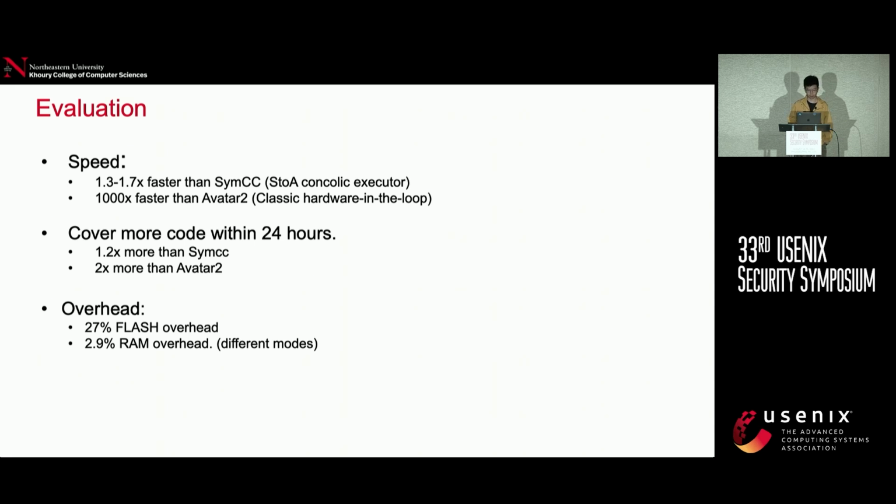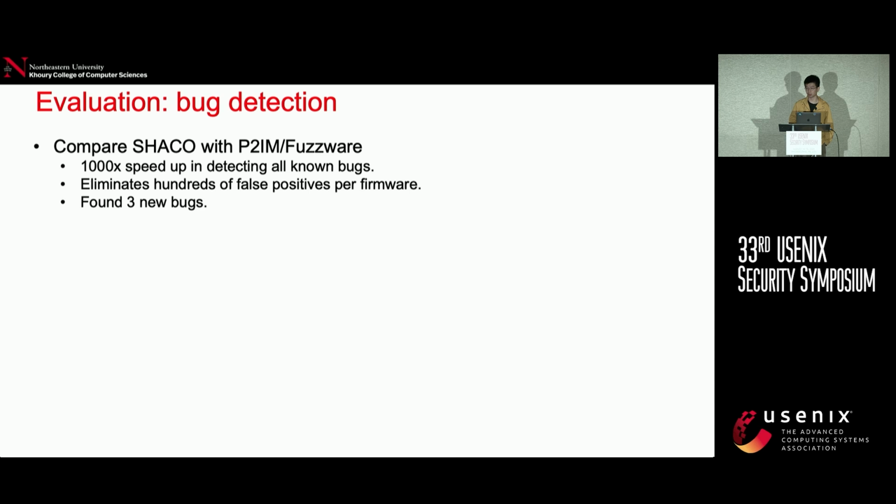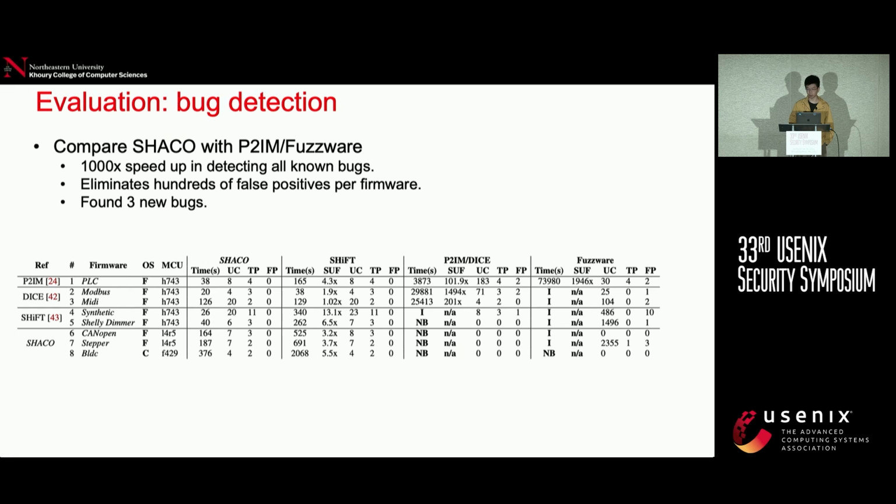Also, we compare with the bug detectors, a pretty popular theme of research for the past few years, especially P2IM and Fuzzware, to see if we can help them prune false positives because we use the real hardware. And it turns out that in terms of detecting all the known bugs, as you can see here, this is the true positive.